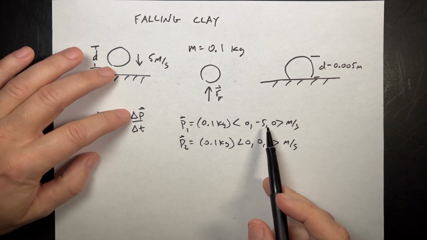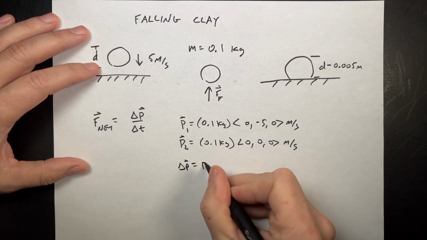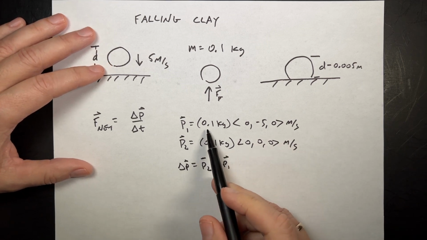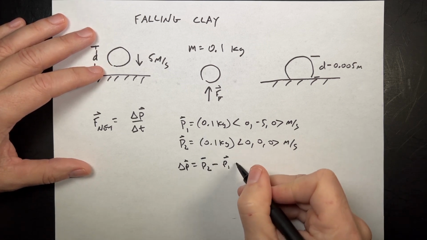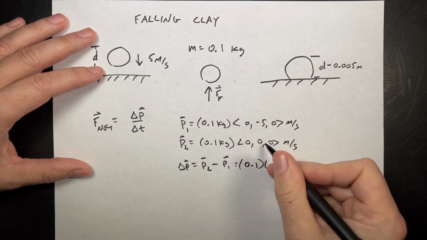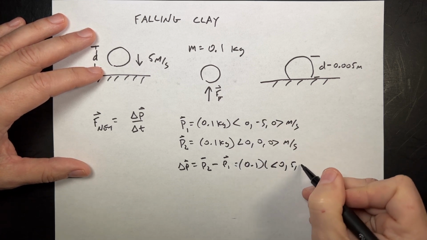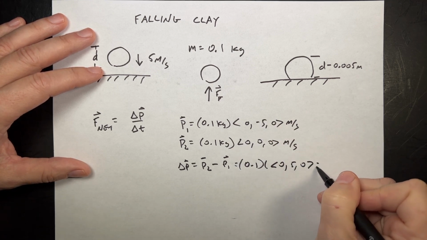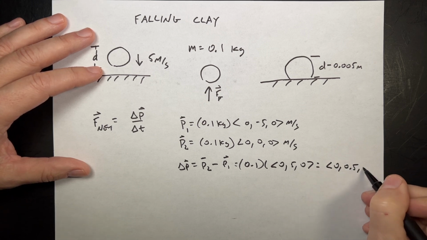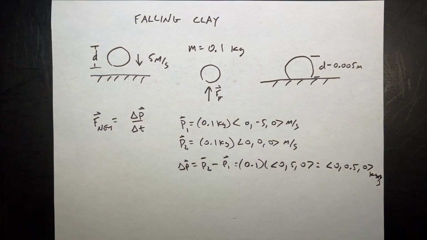And so I can find delta P, the vector, which is P2 minus P1. I can factor out the mass, 0.1 times this minus that. 0 minus 0 is 0, 0 minus -5 is 5, 0 minus 0 is 0. Multiplying, I get 0, 0.5, 0 kilogram meters per second. That's my change in momentum.